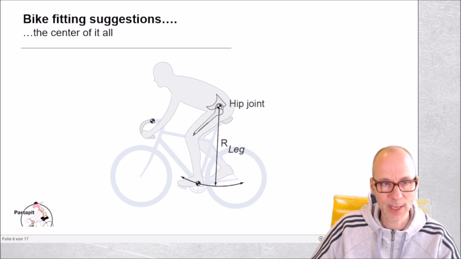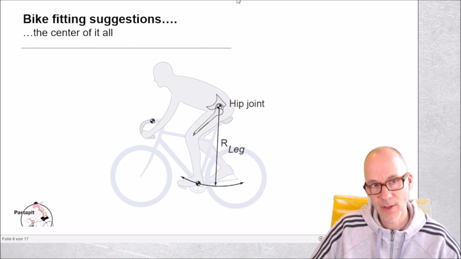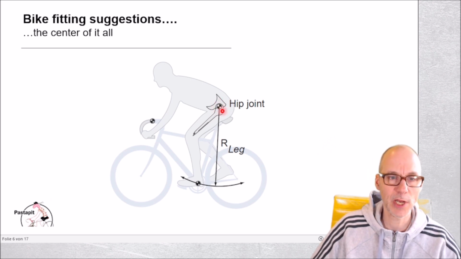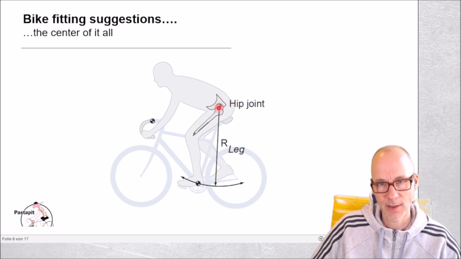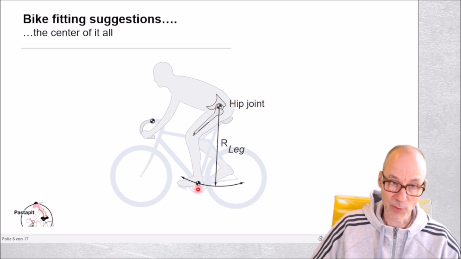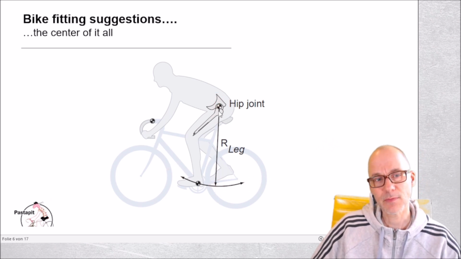The correct way would be more like taking the hip joint as a fixed point in general, and then in relation to this hip joint you should have the possibility to move the legs, maybe in polar coordinates. That means with a length of a radius, around the hip joint, and then somehow focus on the upper body.